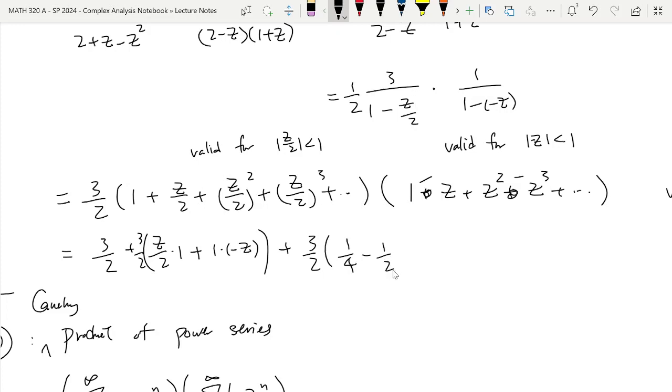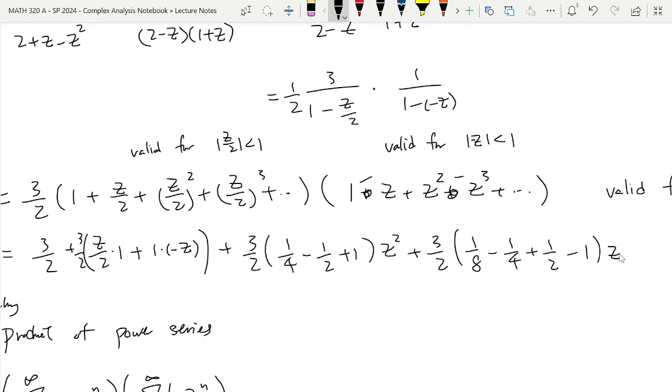And the last term is 1 times the positive z squared on the right hand side, plus 1. And that's z squared. And the next one is just 4 terms. So I have 1 over 8 and then minus 1 over 4 plus 1 over 2 and then minus 1.